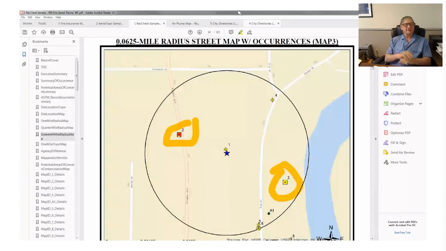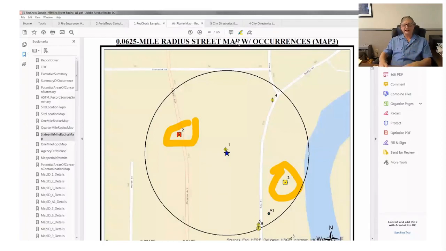Keep it in mind, we still don't have a separate vapor intrusion report. We just don't need it. We've already got 4 facts saying there's the potential for vapor intrusion to our site, but I think we're going to end up solidifying this even more.